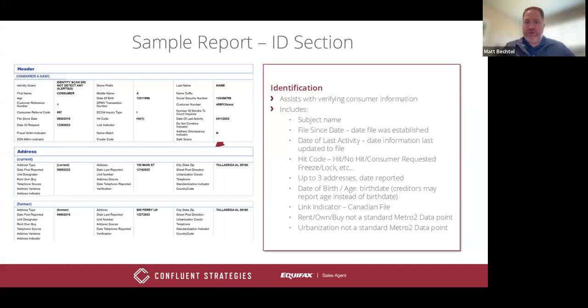We're going to report up to 3 addresses on the file, along with the dates that each of those were reported to us. Within our logic, there is a process for determining what we believe is the consumer's current address versus a previous address. When we say former, it may not necessarily be former.